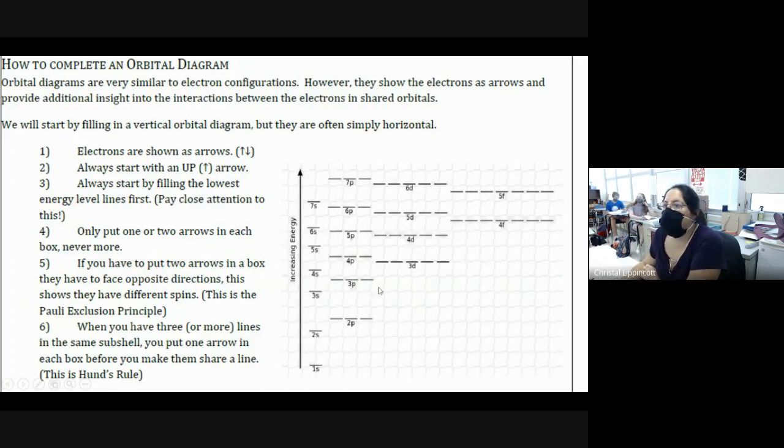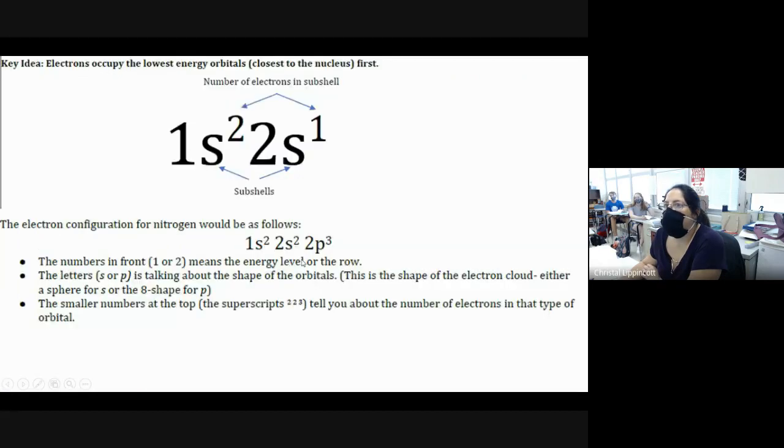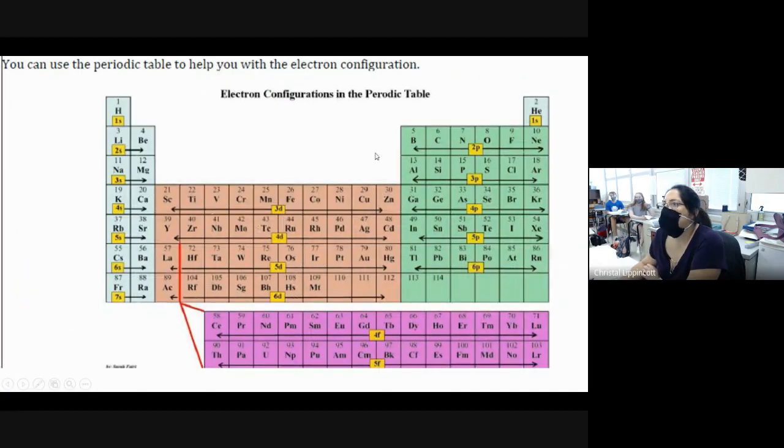Orbital diagrams then. If you have an S, it gets 1 blank. If you have a P, it gets 3 blanks. D's get 5 and F's get 7. And if you go back to your periodic table, that helps you remember because this would be 1 because there would be 2 electrons in that. You have 1, 2, 3, and then it doubles up again. So there's just 3 here.